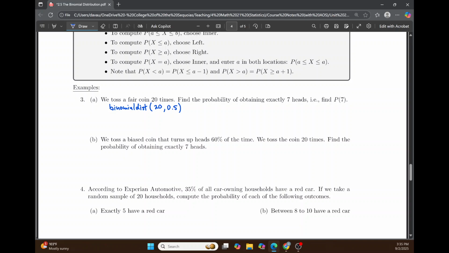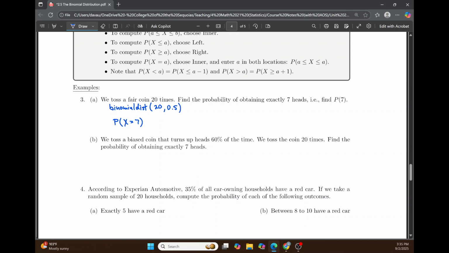When you're showing your work, I also want you to write out the full probability statement: probability x equals 7. Or if you prefer, you could just call it P of 7. But now that I say that, maybe it would be better to write probability x equals 7, because I think that's how it's going to show up in the calculator on Desmos anyway.